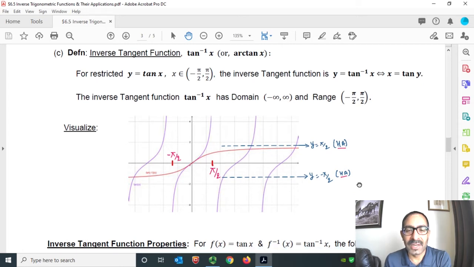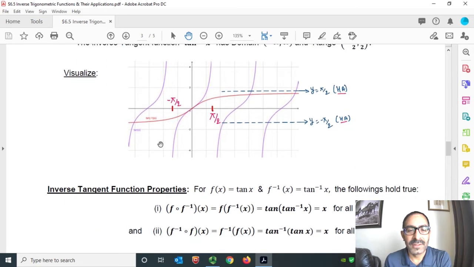So let me show you the graph here. These are the tangent function's graph. We have the vertical asymptotes at negative pi half, at positive pi half, and here. But I'm only talking about this piece, the tangent function, this graph between minus pi half and positive pi half. So here the domain is minus pi half to positive pi half, and the range is all real numbers.